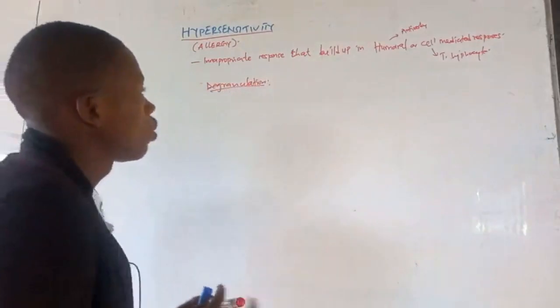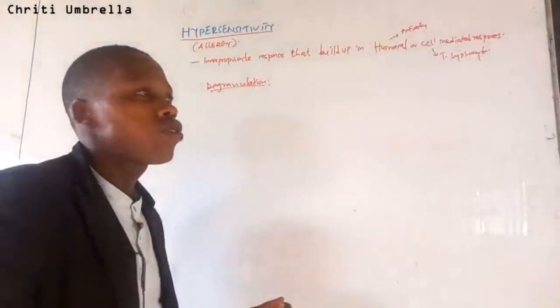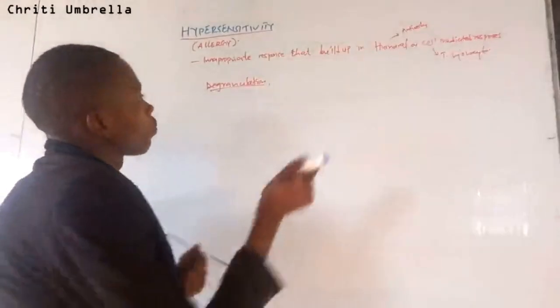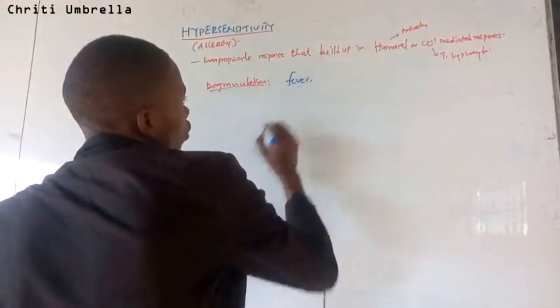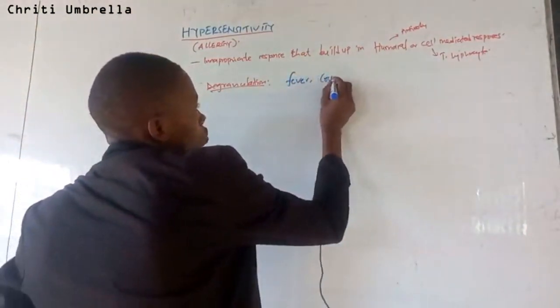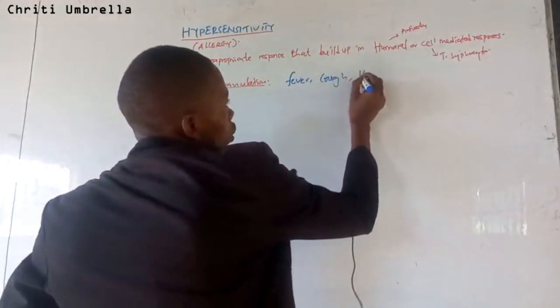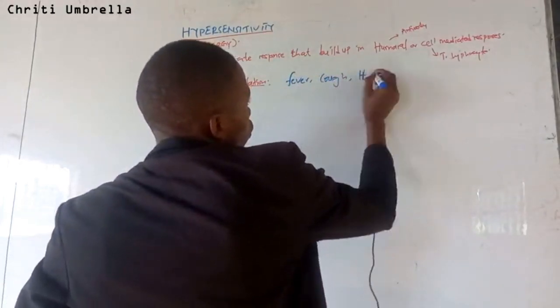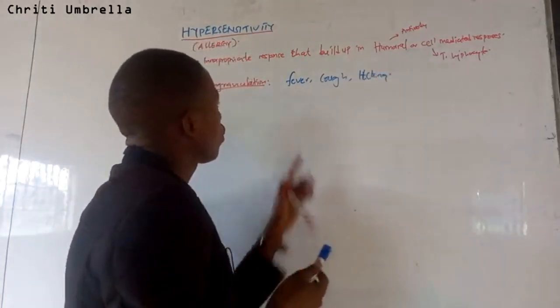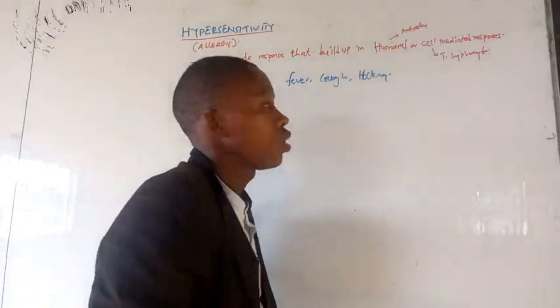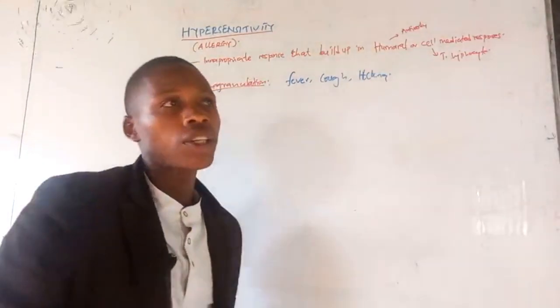In degranulation, very many issues occur. For example, someone will have fever, some people will cough, you find itching. If you face all these, then you know that the body is reacting.